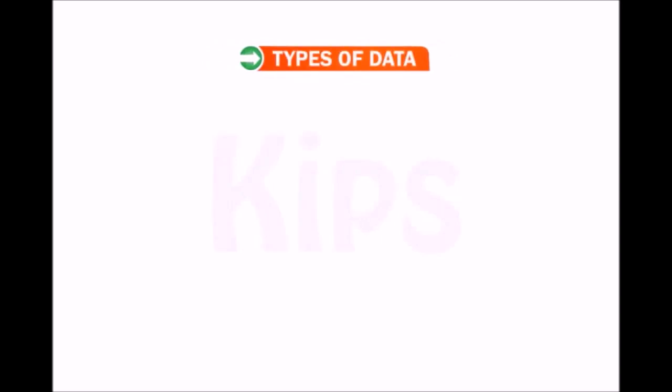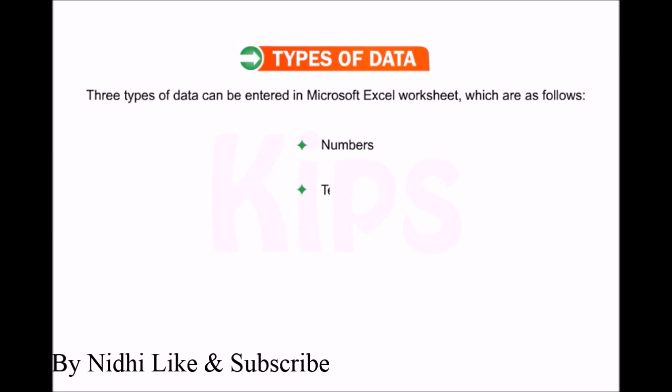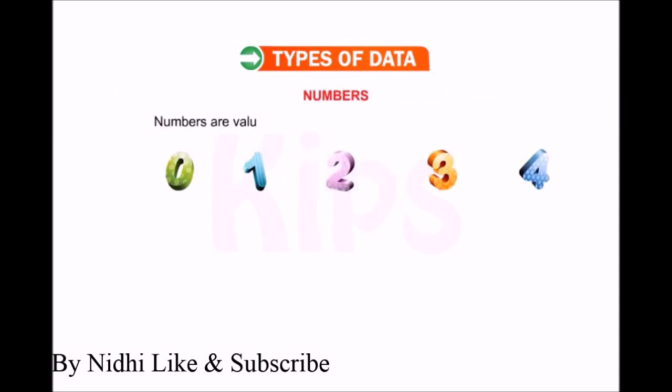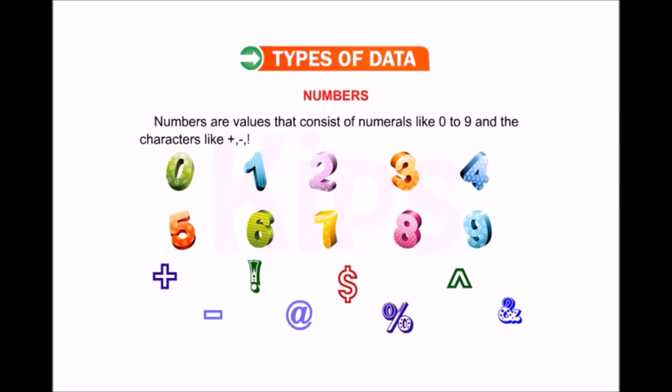Alright, now let us learn about the types of data. Three types of data can be entered in a Microsoft Excel worksheet, which are as follows: numbers, text, and formulae. Numbers are values that consist of numerals 0 to 9 and characters like plus, minus, exclamation mark, at, dollar, percentage, and etc. are included in numeric data.